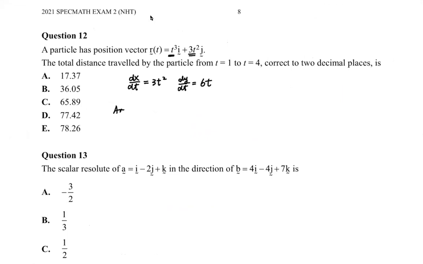So the arc length, which is your distance traveled, is the integral from t equals 1 to t equals 4 of the square root of dx/dt squared, which is 9t to the power of 4, plus 6t squared, 36t squared, dt. By calculating this integral, you could get the value of the arc length.